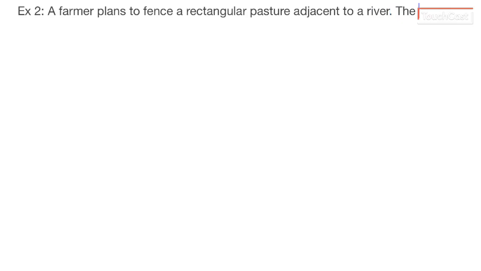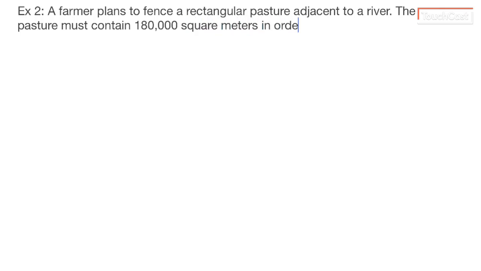The pasture must contain 180,000 square meters in order to provide enough grass for the herd of whatever animal he happens to have.